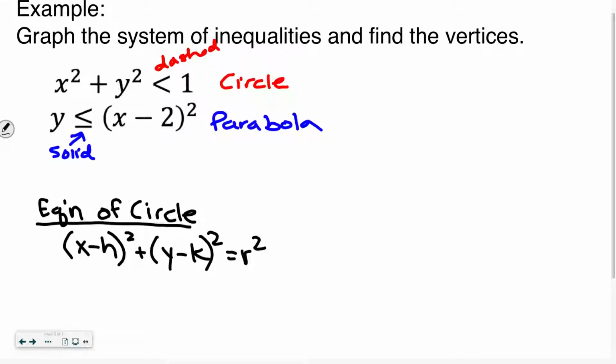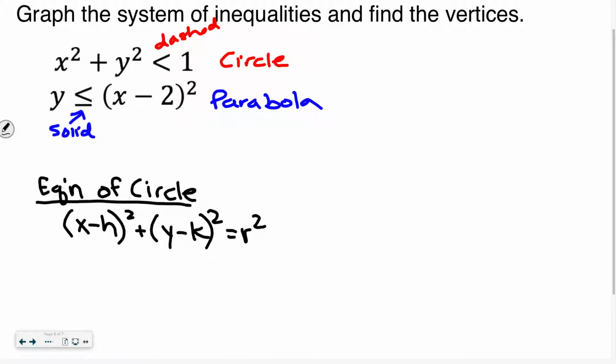Okay? And in that equation of the circle, h and k are like your left, right, up, down shifts, like they've always been. So this is your center point, and then the square root of this number over on the other side, that's your r, that's your radius.